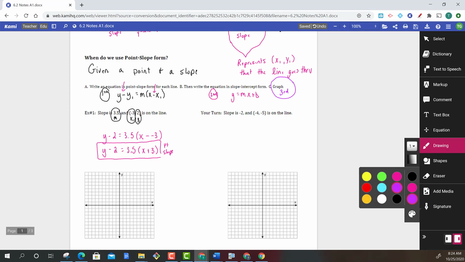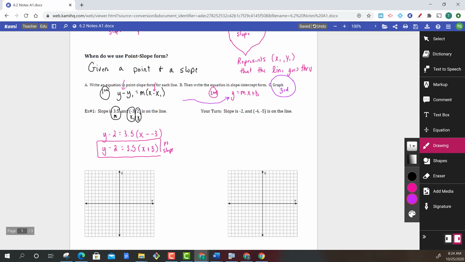Now we're going to do the second part, and we're going to rewrite this in slope-intercept form, which basically just means we need to solve this for y. So we're going to distribute the 3.5 to both of those terms.